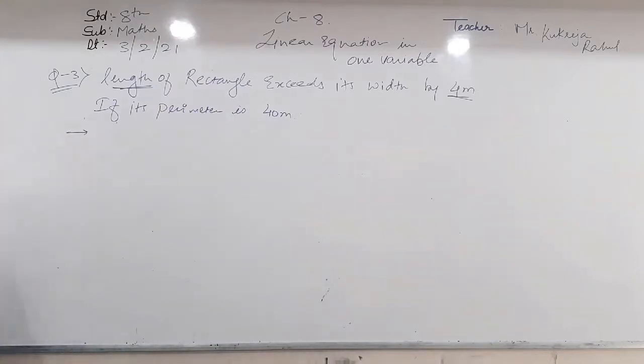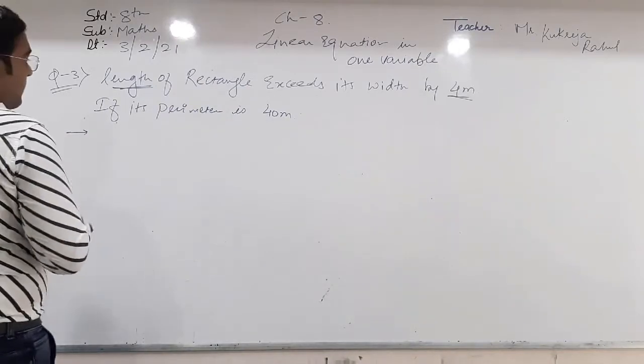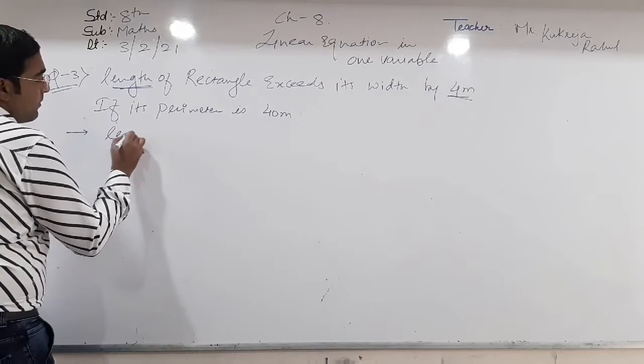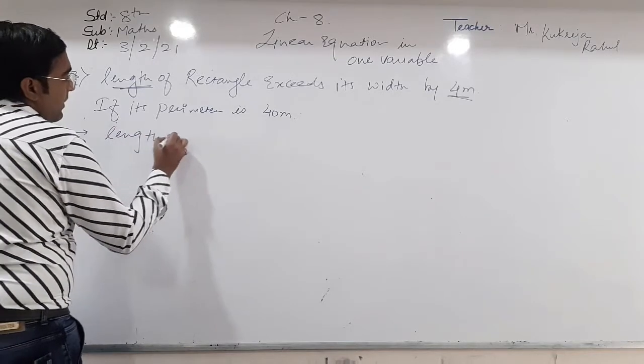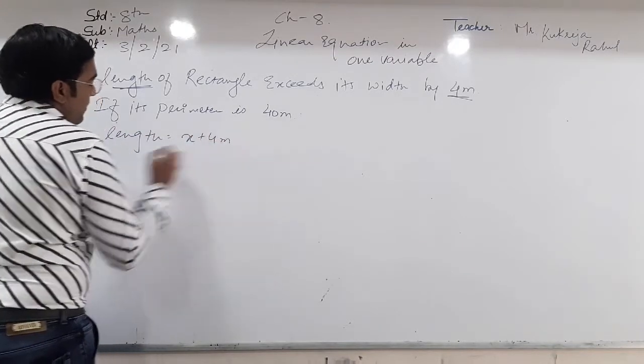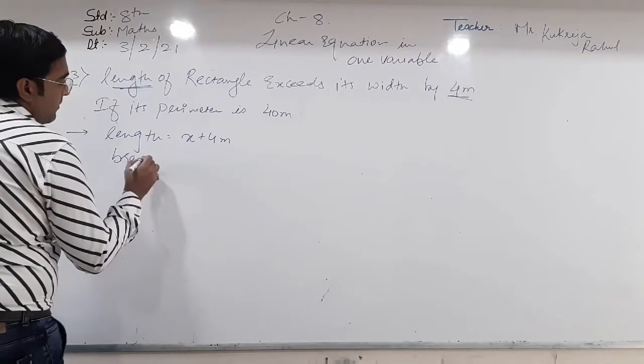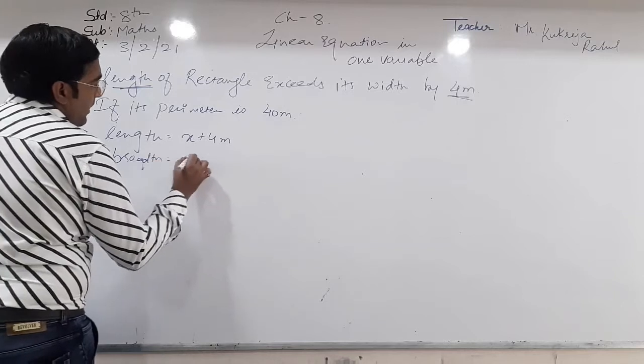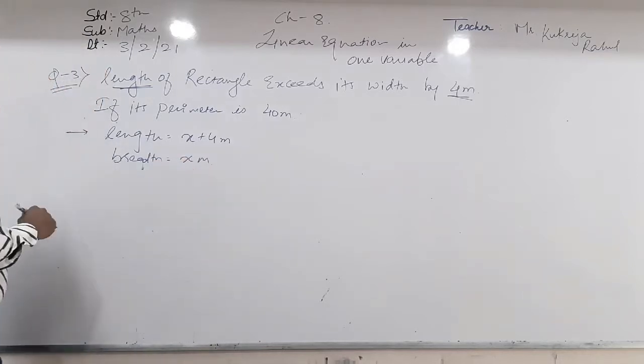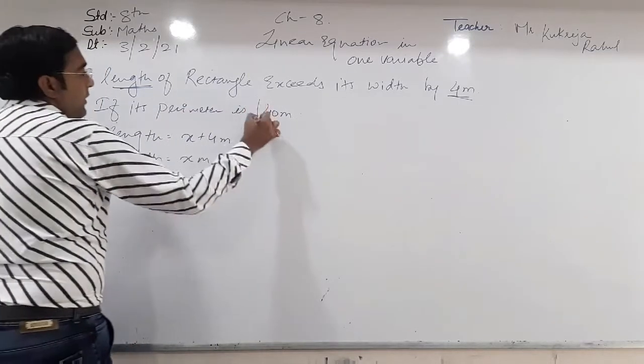Now, length, that is x plus 4 meter, and breadth will be x meter. Clear? So now its perimeter is 40 meter.